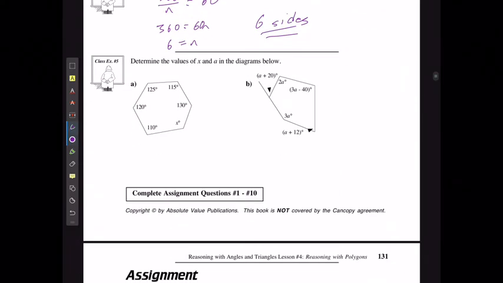If I am determining the values of x and a in the diagrams below, well, if I'm looking at x, the first thing is I need to figure out how I can solve this.